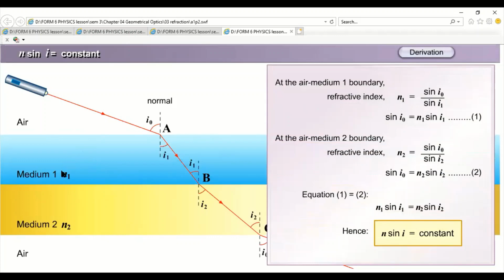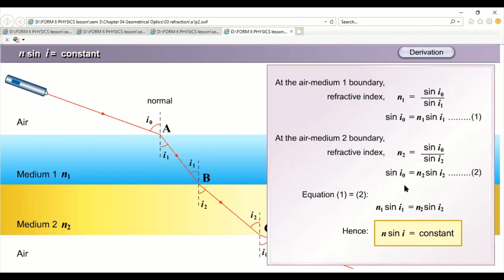is equal to sin i naught over sin i1. So sin i naught equals n1 sin i1, and n2 is equal to sin i naught over sin i2, so sin i naught equals n2 sin i2.